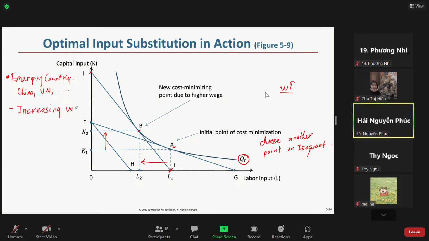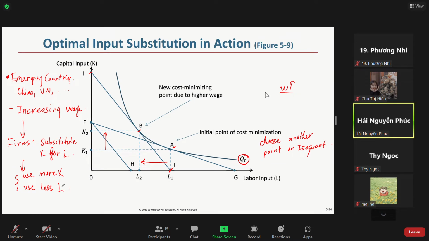Due to this trend, we can expect that the firms in these countries will substitute capital for labor. The firms should substitute K for L, so there's a trend that the firms will use more K and less L.